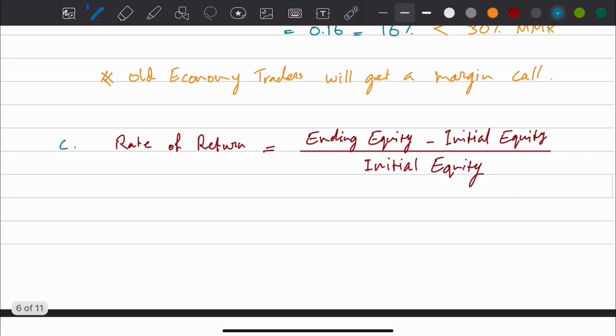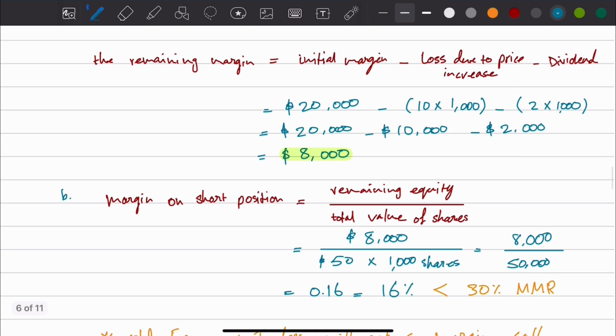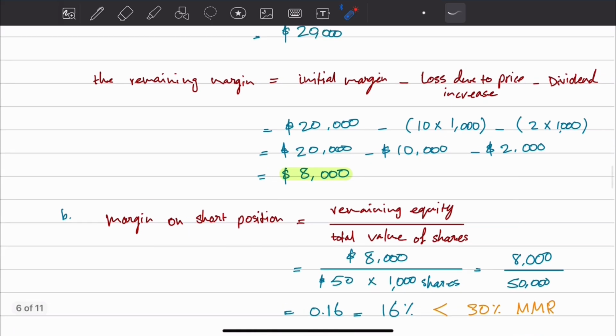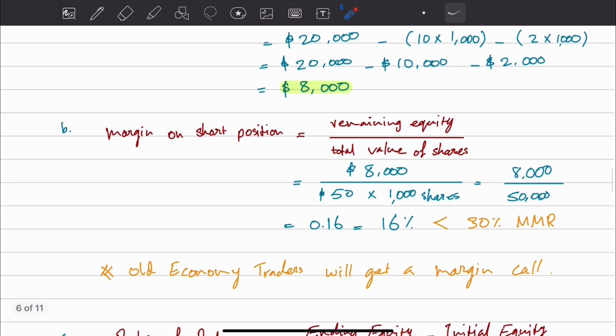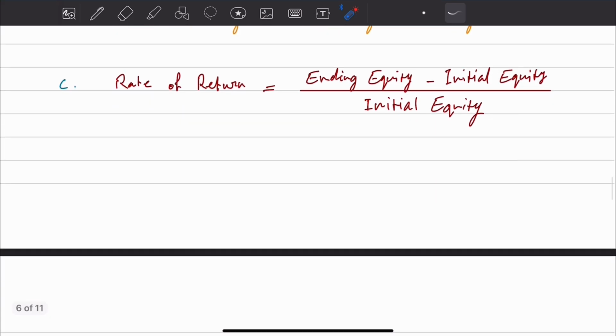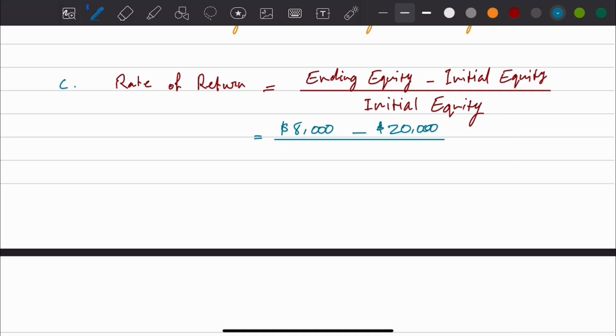Okay. And we have these pieces of information already. We already know the ending equity, which is 8,000, right? And we know the initial equity, which was 20,000. So we'll just substitute in our formula. We'll say $8,000 minus $20,000, all divided by $20,000.